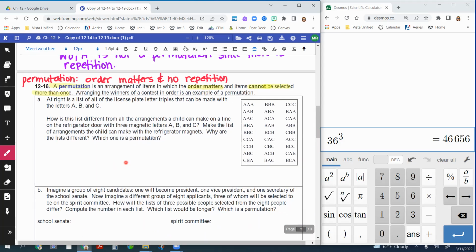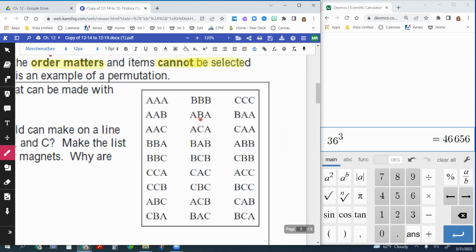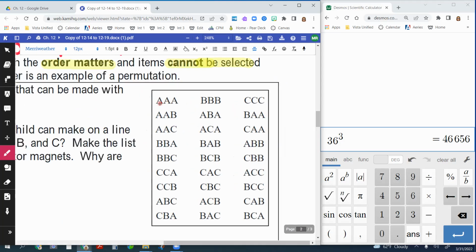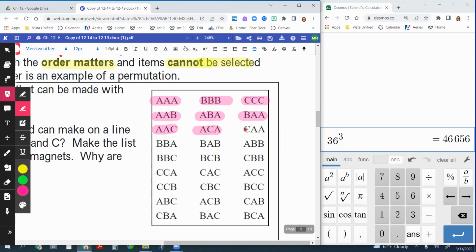So in this case here, let me zoom in. You are repeating, okay? So we have repetition here, here, here. This one has repetition. This one has repetition. These all have repetition.